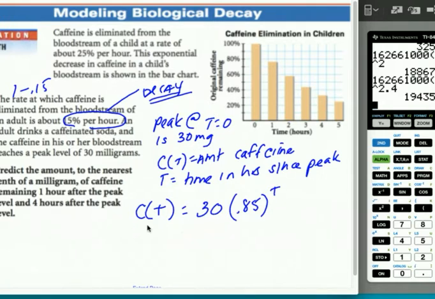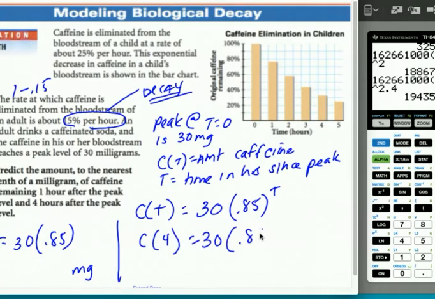So once I have that formula, what they're asking me to find is C of 1, which will be 30 times 0.85, which we can approximate in a second, and that's going to be milligrams. And they're asking me to find C of 4, which is going to be 30 times 0.85 to the fourth, which again we can approximate, and it will be in milligrams.